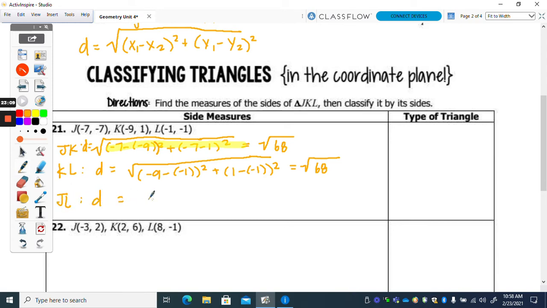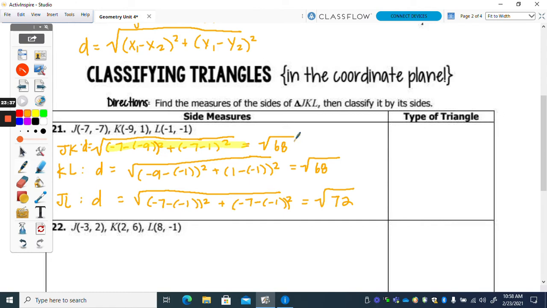So the distance from J to L is going to be the square root of negative 7 minus a negative 1, squared, plus negative 7 minus a negative 1, squared. So it's going to be the square root of 72. Not just 72, the square root of 72.